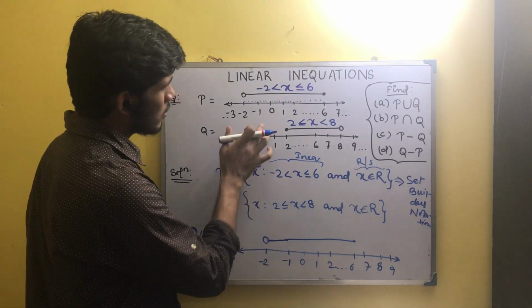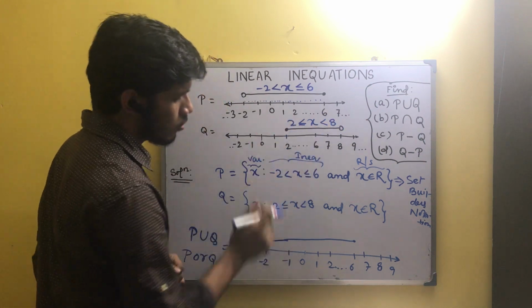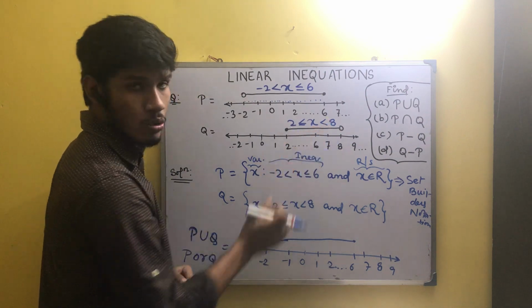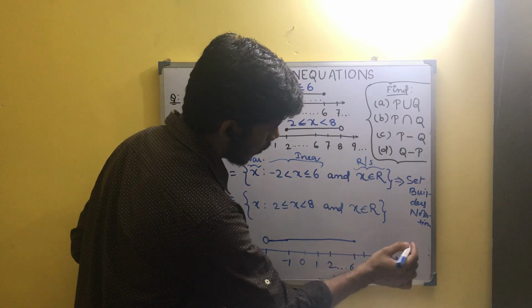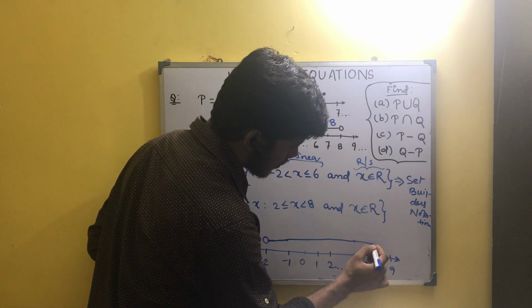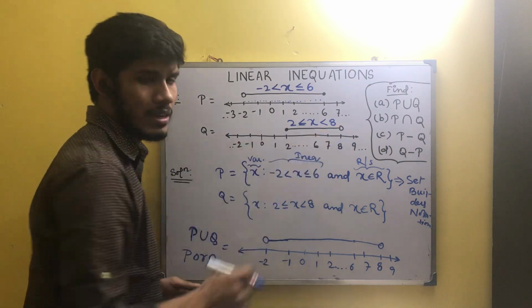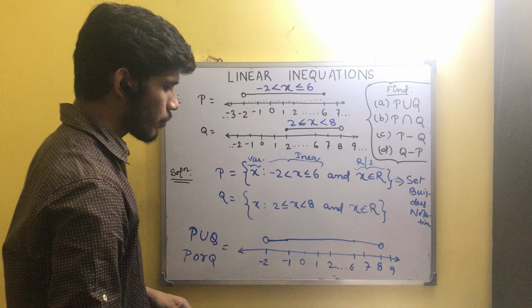Now what does Q say? Q says its value ranges from 2 to 8 including 2. So 2 to 6 has already been included by P. Now we need to continue from 6 to 8 and exclude 8. Why? Because in Q, 8 has been excluded.